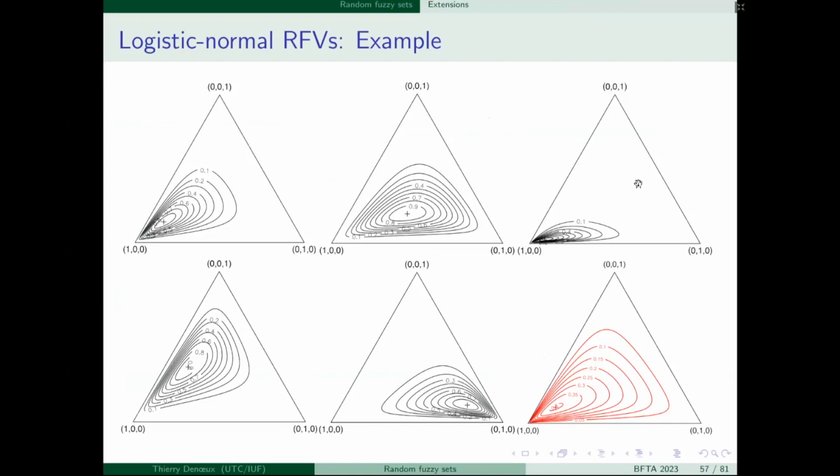For example, if you have unknown proportions of some components in a mixture, or some unknown probability. Typically in Bayesian statistics, when we want to define a probability over probabilities, we use a Dirichlet distribution. So here it's something equivalent, but it's not a probability distribution; it's a belief function. So this can be used to define a belief function on a set of probabilities.